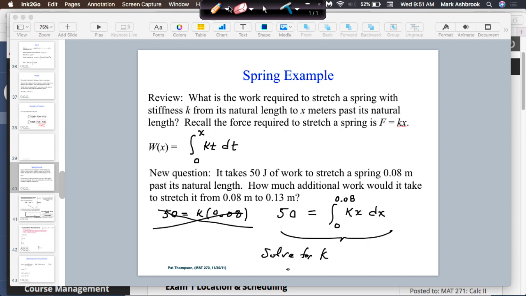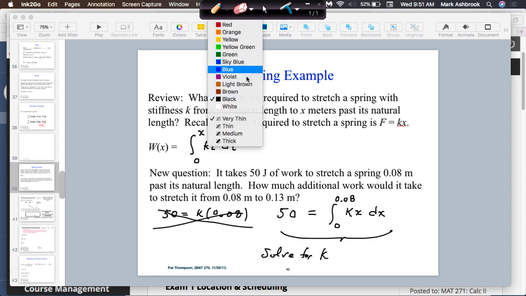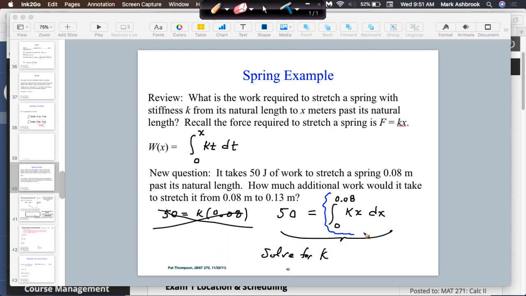So if we could get what? If we could have an equivalent closed form of that expression, then we could solve for k all day long, right?